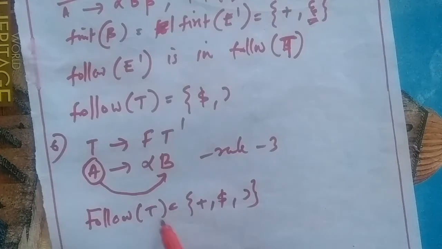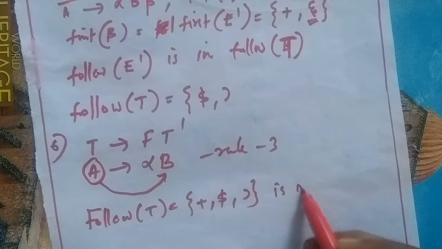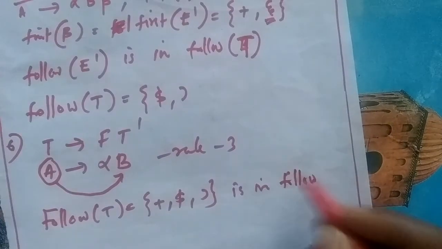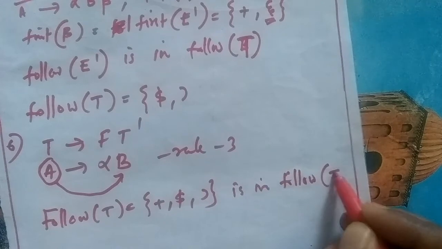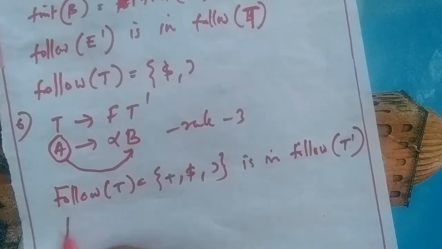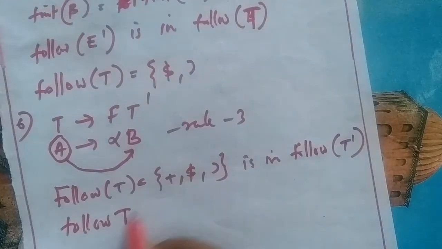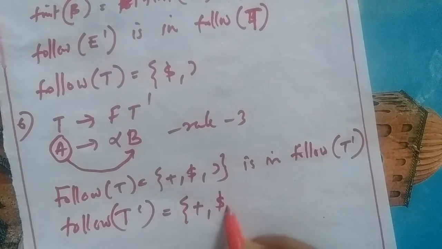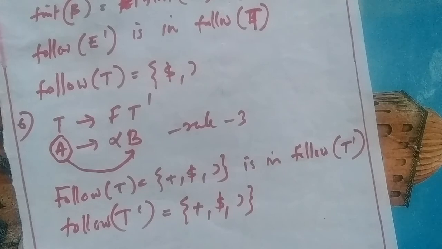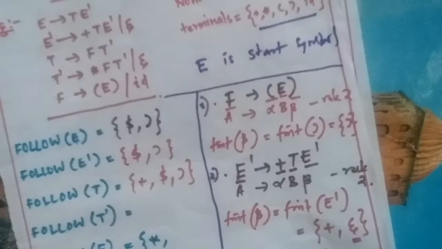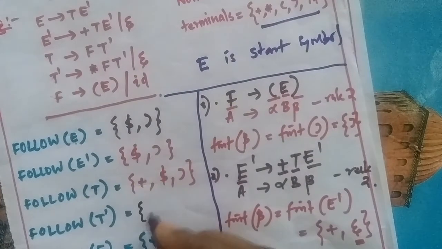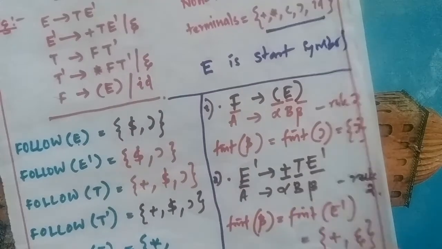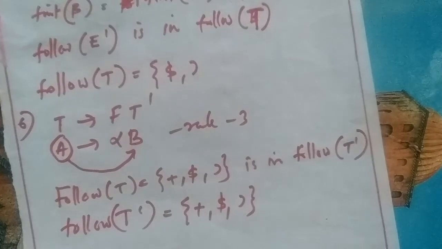So everything in follow of T is in follow of T dash. So follow of T dash is equal to plus, dollar and right bracket. So we will write plus, dollar and right bracket.